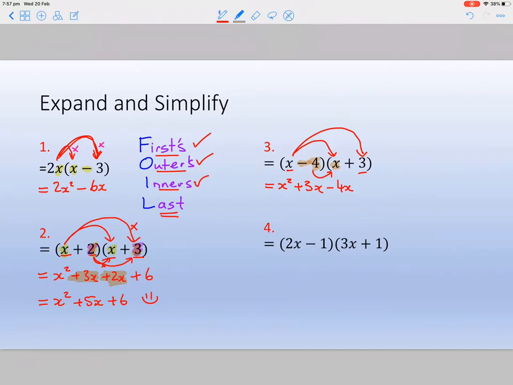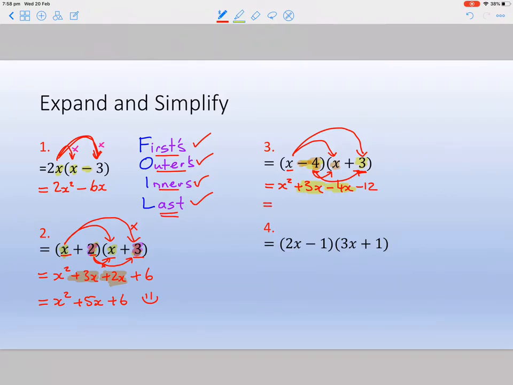And then we're going to go lasts. So we're going to go the two last ones, which is this one and this one. So we're going to multiply them together. So that's minus 4 times positive 3, well that's minus 12. And now we're going to group like terms, and it's just the middle two that are like terms.